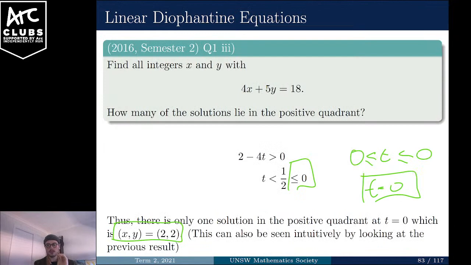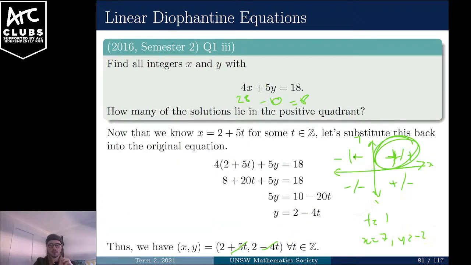And you can also look at this, sorry, I'm flipping back and forth a lot, and see that this is true, even without doing that secondary solution. If I change t in the positive direction, then x is going to grow, but y is going to immediately go negative.